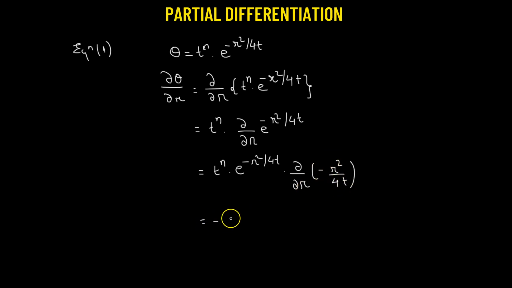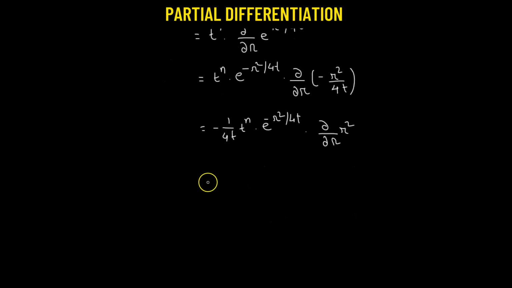That means we now have negative 1 over 4t multiplied by t raised to the power of n times e raised to the power of negative r squared over 4t times the partial with respect to r of r squared. So we can take this t and combine it with t raised to the power of n in the numerator to get t raised to the power of n minus 1 times e raised to the power of negative r squared over 4t, multiplied by the partial of r squared with respect to r, which is simply 2r.